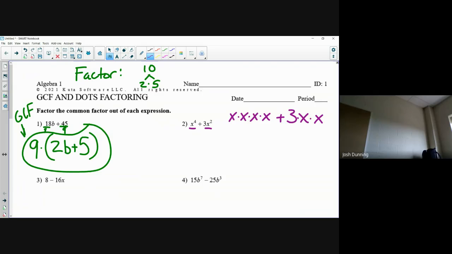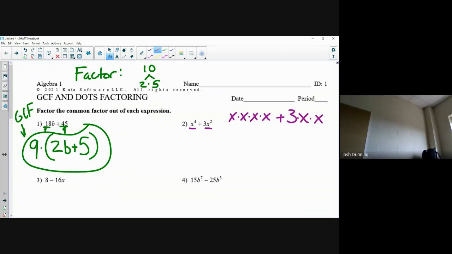GCF stands for greatest common factor. So we need the greatest number of x factors that are in both terms. The first one has 4 factors of x. Remember, factors are multiplied. X times x times x times x. There are 4 factors of x there.